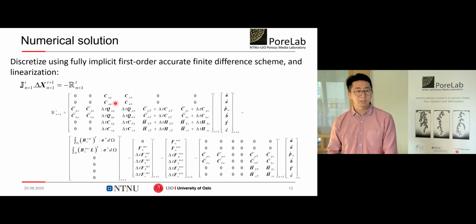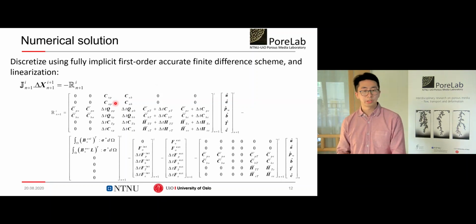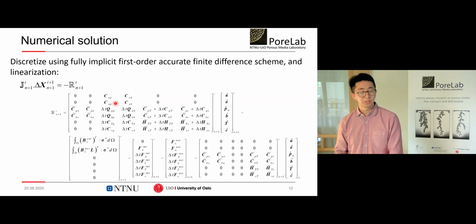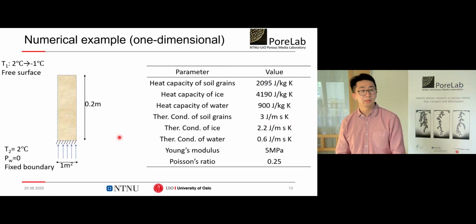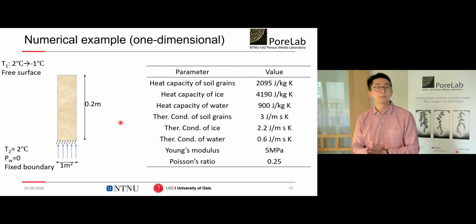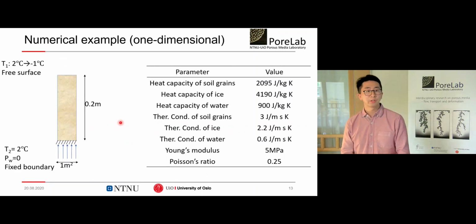As a result, a sequence of linear systems of equations can be solved to yield a solution satisfying the residual equations within each time step. And this iterative process continues until an appropriate convergence criterion is met. At this moment, we have finished all our numerical solution part.